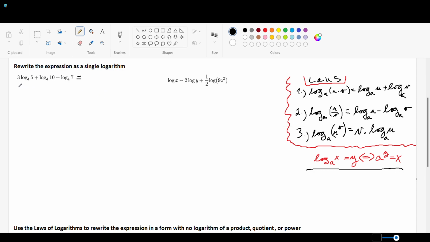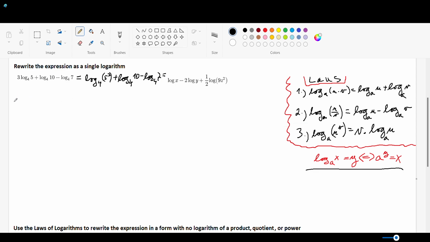Basically, the very first term of this expression can be rewritten by using law number 3, the law of power. It's going to be logarithm base 4 of 5 cubed plus logarithm base 4 of 10 minus logarithm base 4 of 7.